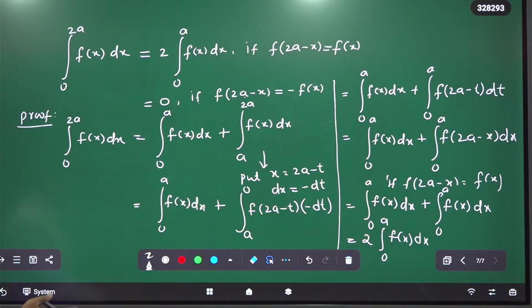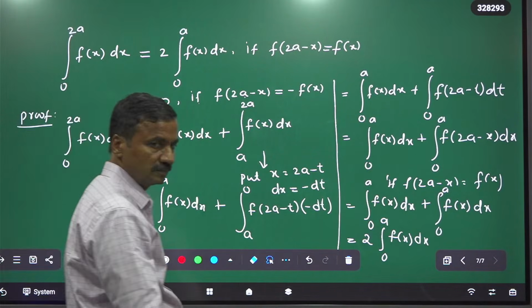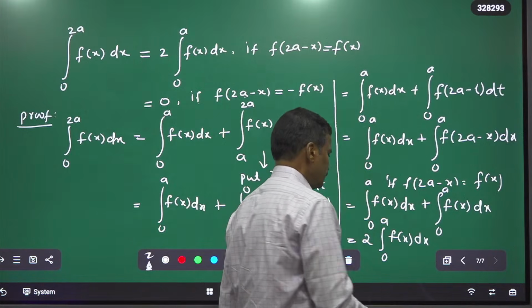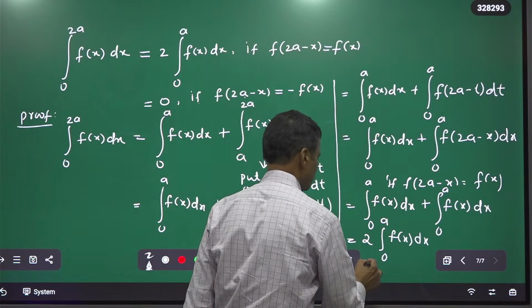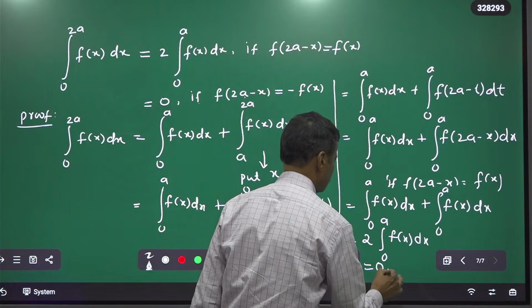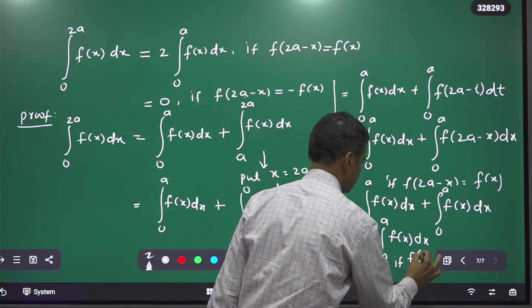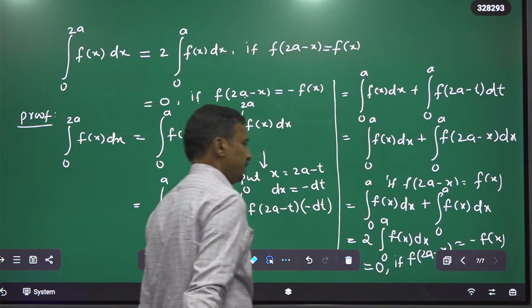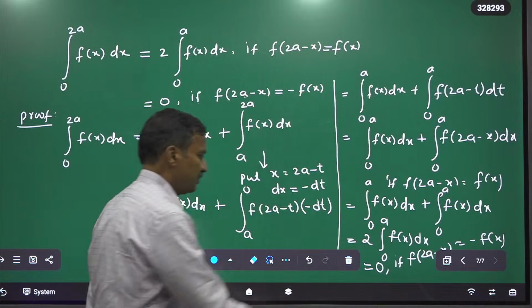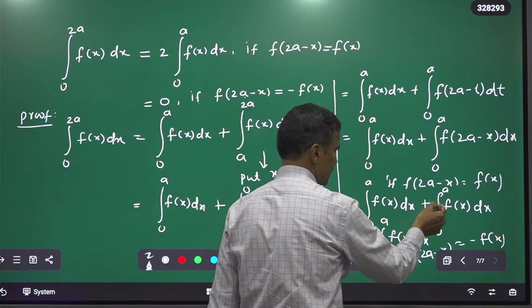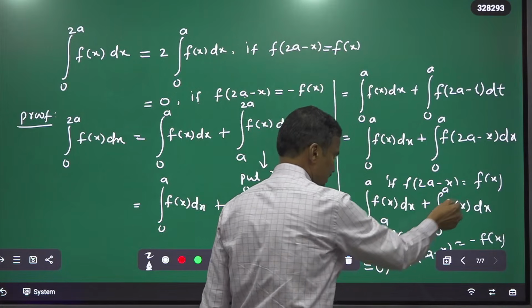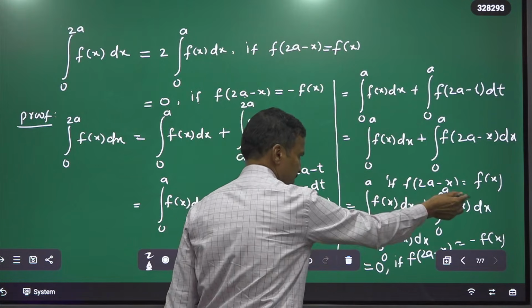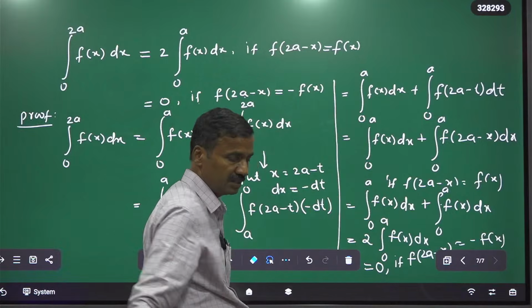So by using this property, we can do some problems. This is with positive sign, this is with negative sign, they get cancelled, you got it as 0.